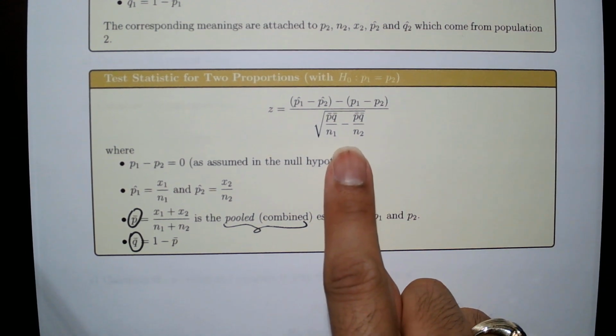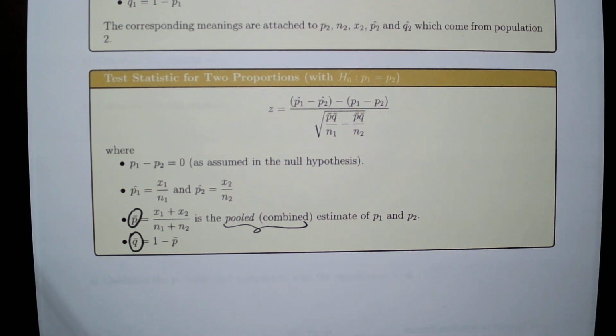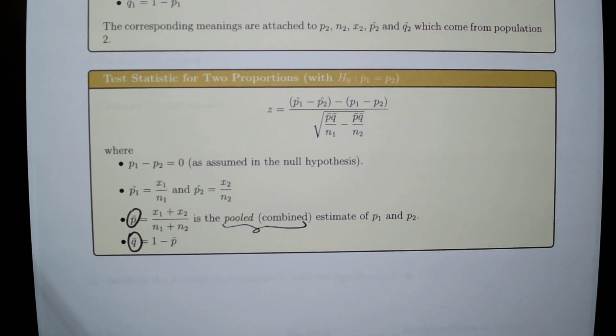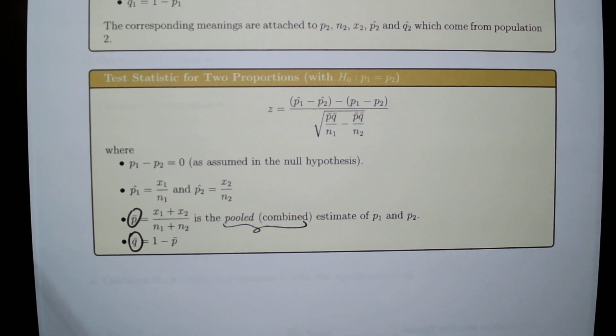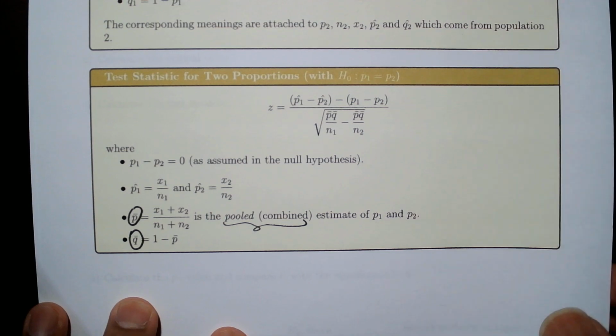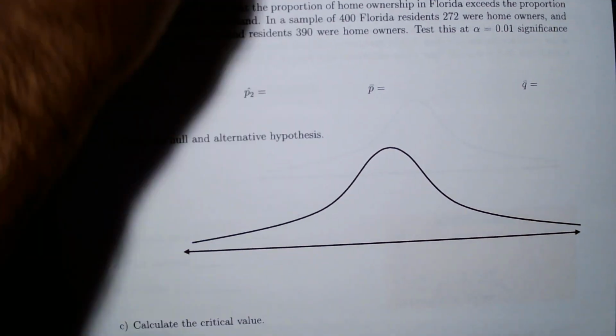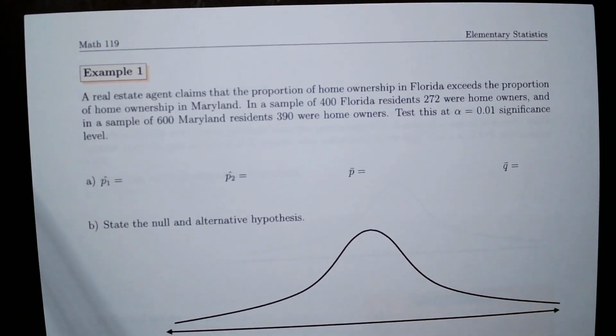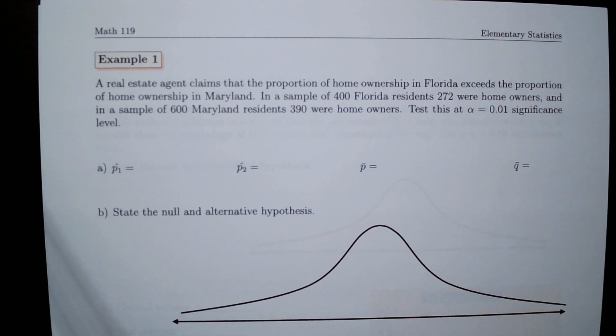So I will do only one example using this ugly looking formula, and then I will show you how to do it using the graphing calculator. All right, so let's look at our first example. A real estate agent claims that the proportion of home ownership in Florida exceeds the proportion of ownership in Maryland.